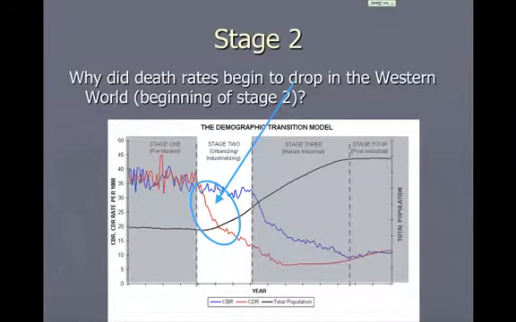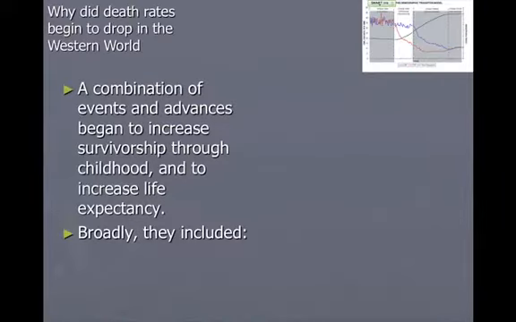But then in stage two, we start to see a drastic change. Notice what's happening with the crude death rates, dropping dramatically. And many think that this might be part of medicine, or even some think it's looking at the food supply. But in reality, it's really a factor of the industrial age, allowing for the rapid increase in the production of goods, and it drastically changed the world that we know.